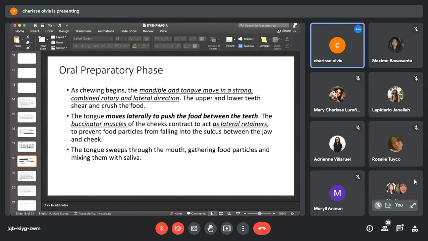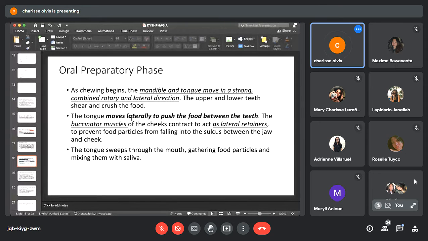And remember, when we chew, we use only one side, right? We have tongue movements such as rotary and lateral directions, right? From one side, it moves to the other side, and then vice versa. This is to properly crush the food or chew the food inside. Okay?